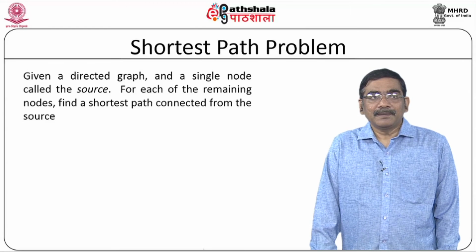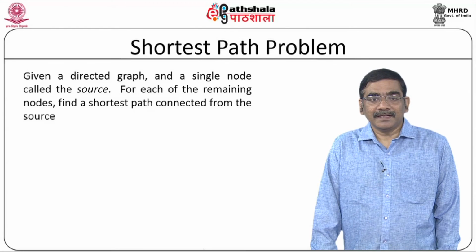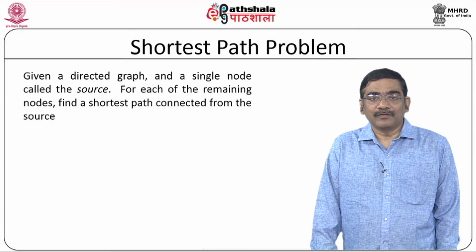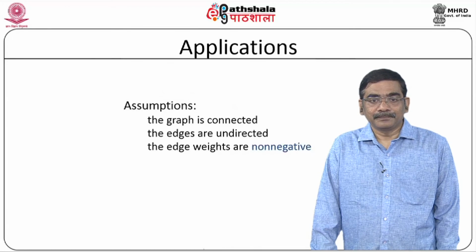So, the problem becomes something like this: given a directed graph and a single node called source, find the shortest path to each node connected to the source. This is the formulation of the shortest path problem.